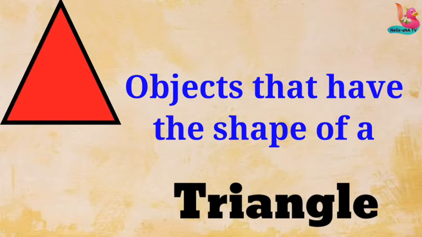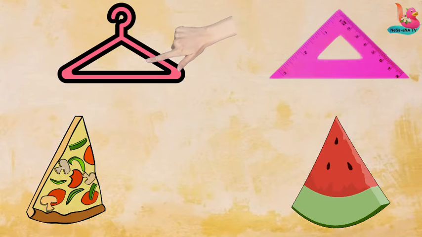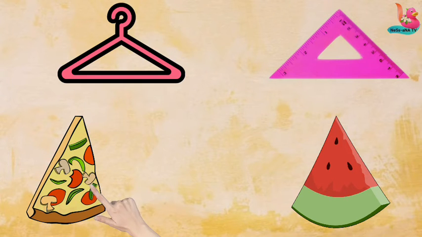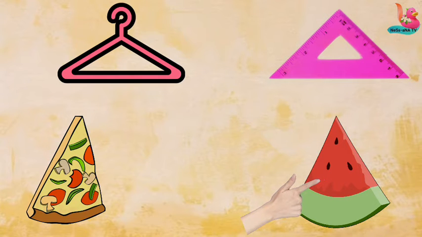Objects that have the shape of a triangle are hanger, T-square, a slice of pizza, a slice of watermelon.